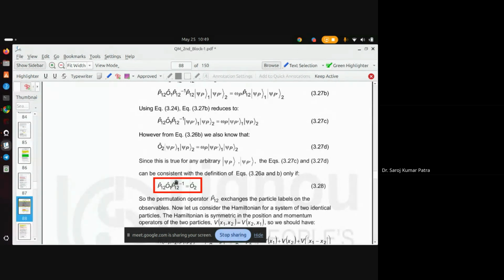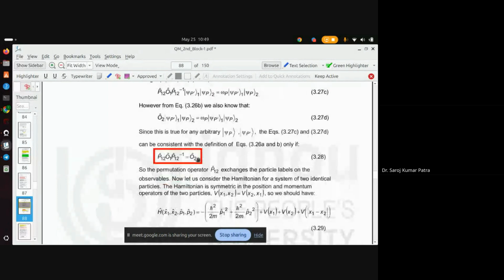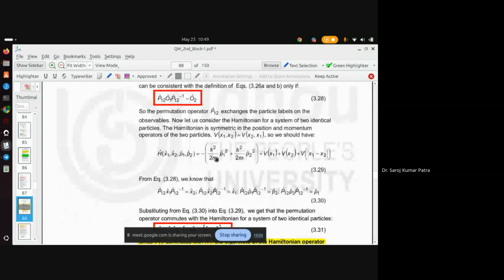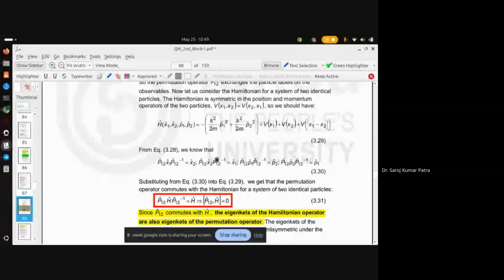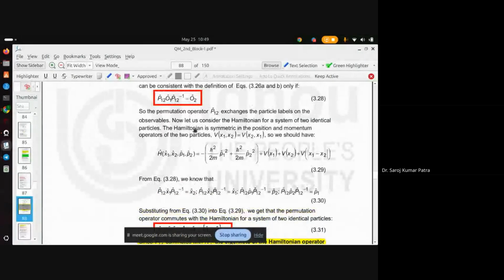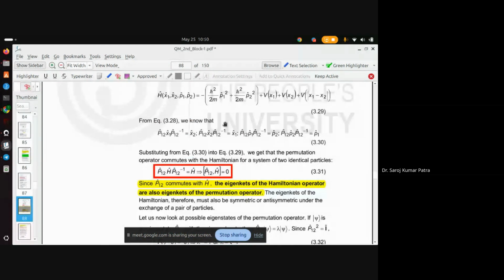So this equation is nothing but, if I multiply P12 inverse on the right, that will give me a bracket, right? P12 O1 P12 inverse is equal to O2. So this is the condition one has to satisfy.